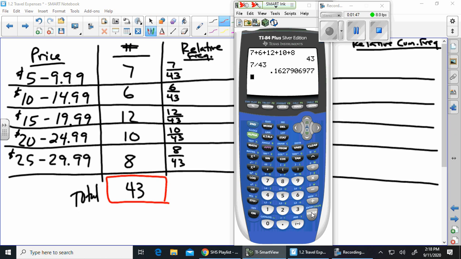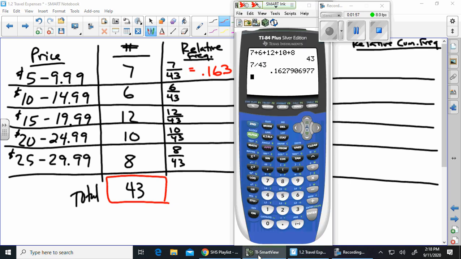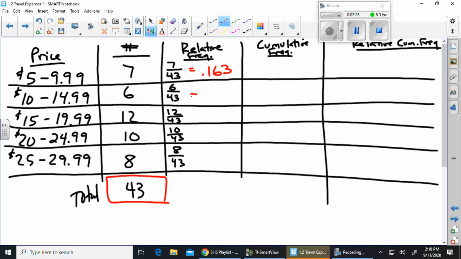So 0.1627, I want to look at the fourth number, and that's a 7, so 0.163. Now 6 divided by 43. 0.1395, that 5 is going to make the 9 go up, which would then make the 3 go up. So it's 0.14.